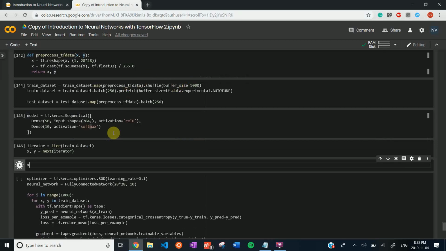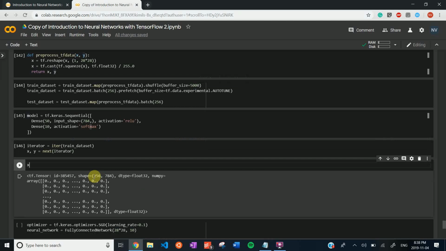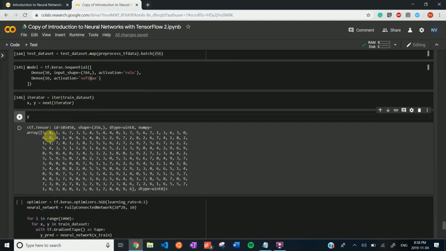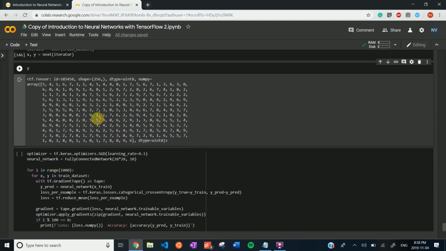So X here is a batch size of 256, exactly what we said over here. And it's the vector of length 784, which is our flattened image, exactly what we expected from before. And Y here is just the labels. I will explain why we didn't want one hot encoding in a second. Essentially this represents the index at which the correct answer is, like what the correct answer actually is.